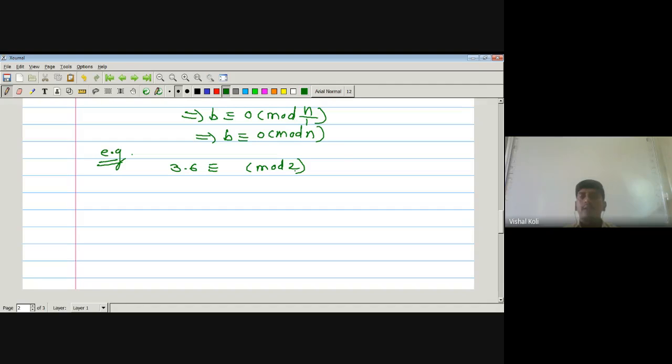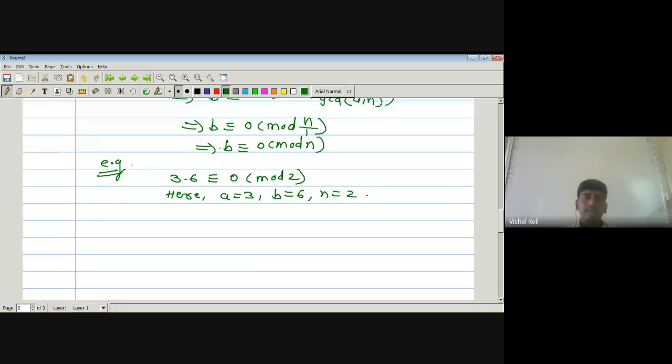As 18 is an even number, it must be divisible by 2, so the remainder must be 0. So here a is equal to 3, b is equal to 6, and n is equal to 2.